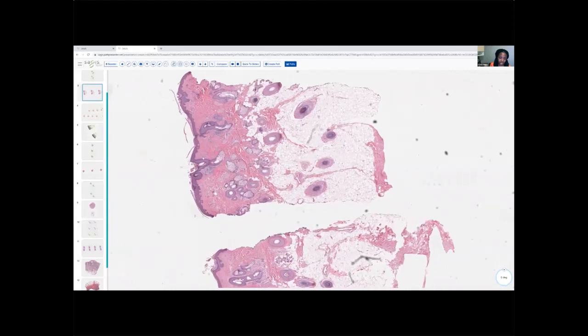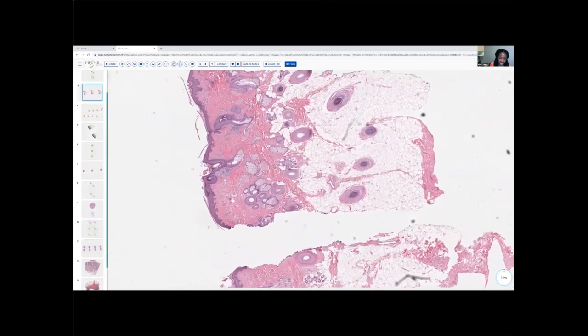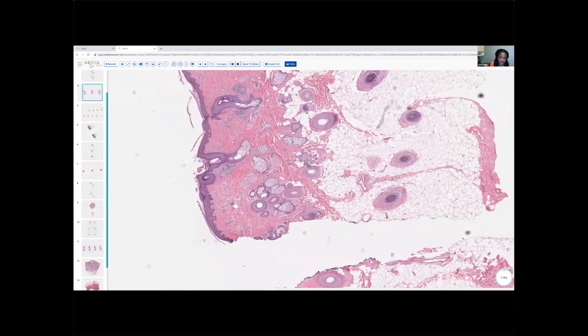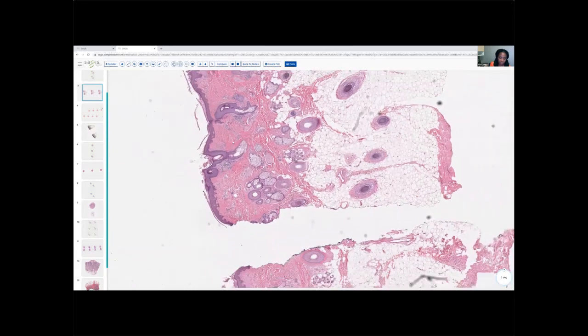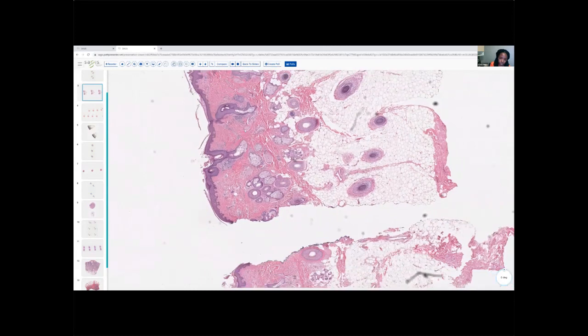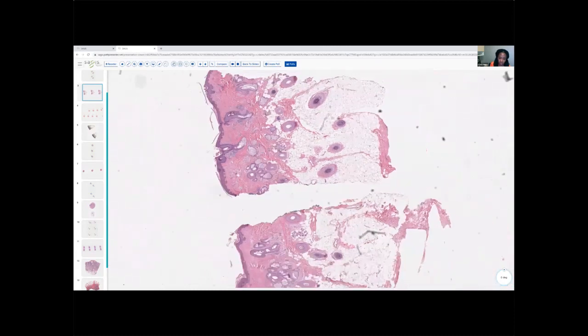We see some of that inflammation that really looks about the same amount as we had with our background level of inflammation that we talked about as just background noise, typical of the scalp. So this is an example of androgenetic alopecia.